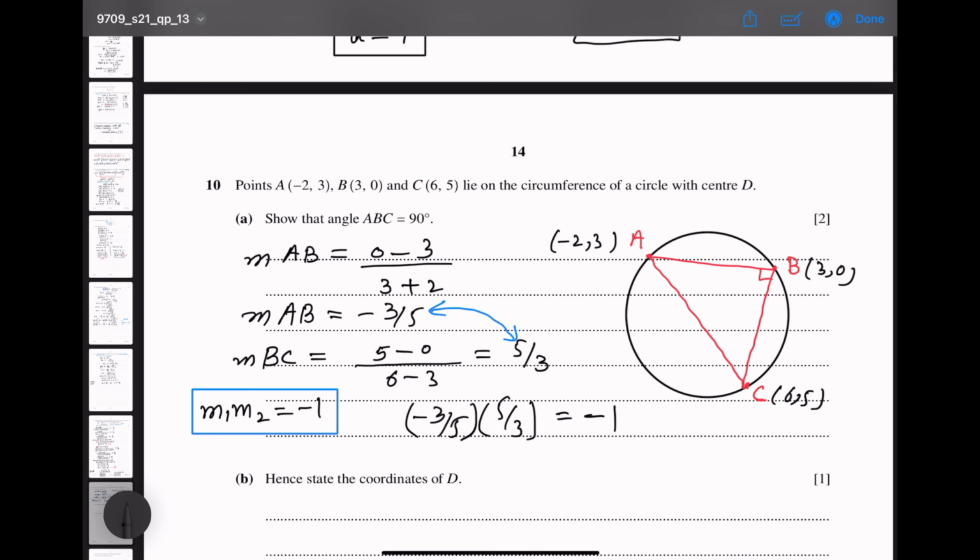Since AB and BC make an angle of 90 degrees at the circumference of the circle, AC must be the diameter of this circle. So the center of the circle is this D.